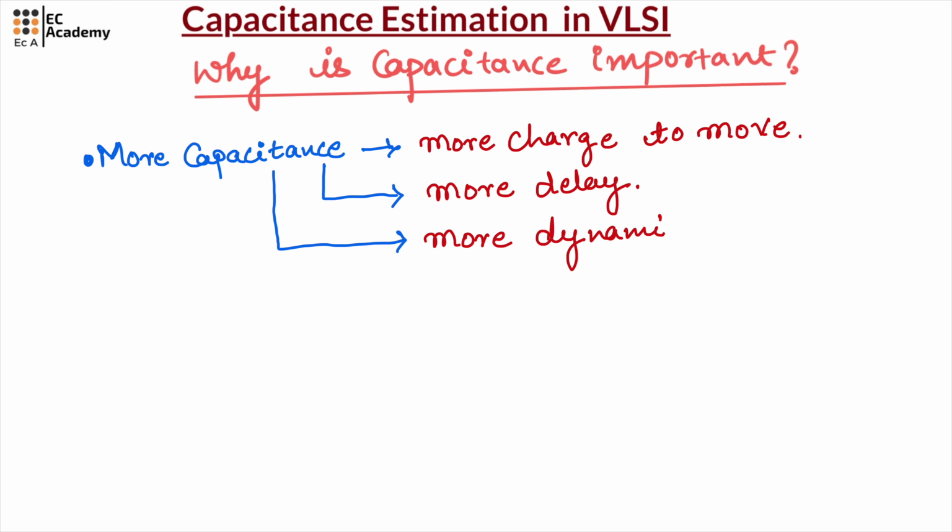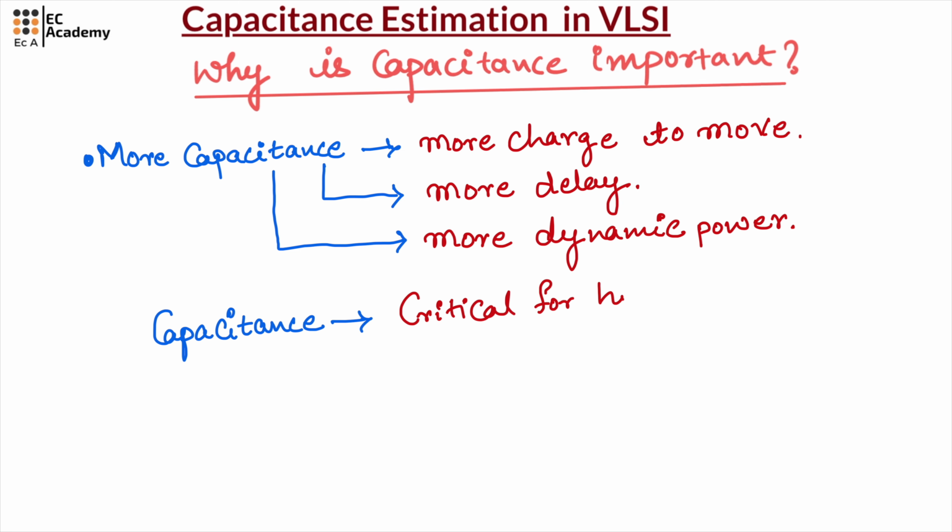More capacitance means more dynamic power. In a digital circuit, capacitances are continuously charged and discharged when the circuit switches. Every time the circuit changes from one logic level to another, energy is involved. Hence, we can say more capacitance means more dynamic power.